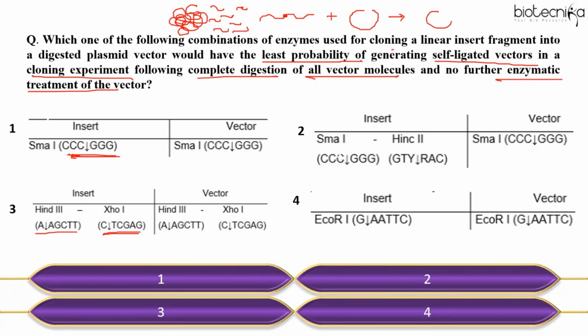That results in the recombinant DNA molecule. The vector is a vehicle which carries your gene of interest, and it has the capability to replicate inside the host cell. So let's solve the question.